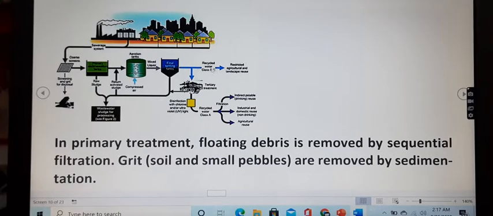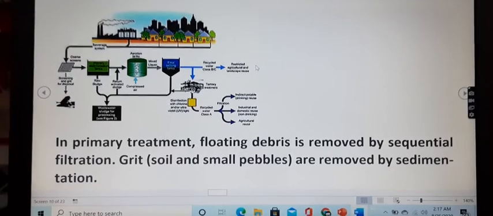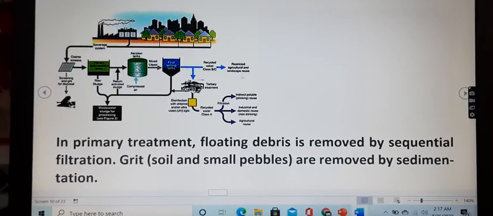So it is reused by the people in a restricted way for agriculture and landscaping purposes, not for drinking or cooking purposes. It is used for agricultural and landscape purposes, like watering the garden plants, etc.